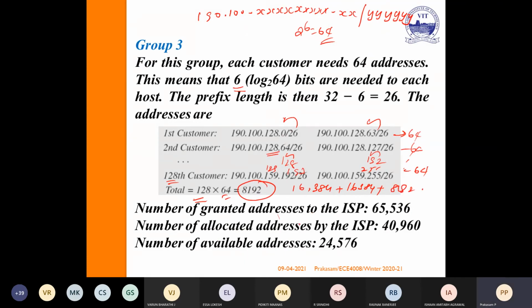If you see here, our available address space is 65,536 as per the given problem. If you add all these things, it is 40,960. The remaining are the addresses which are available for future expansion.